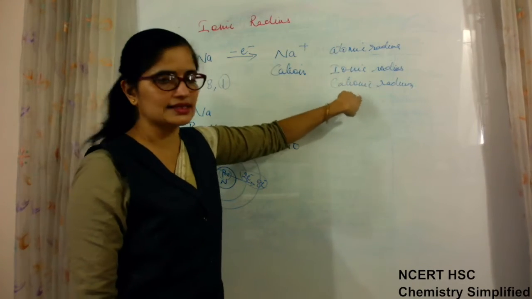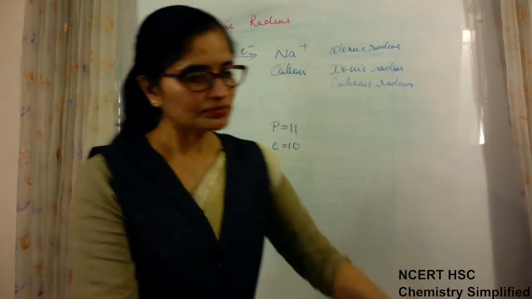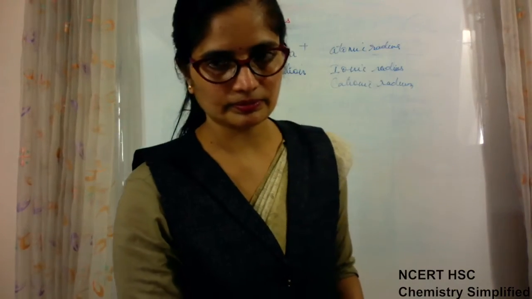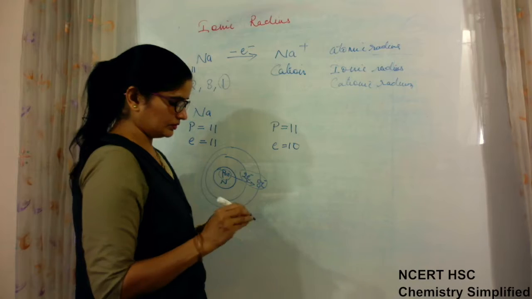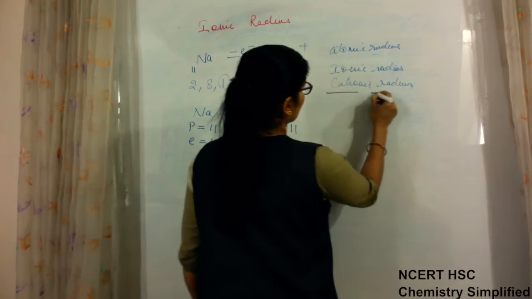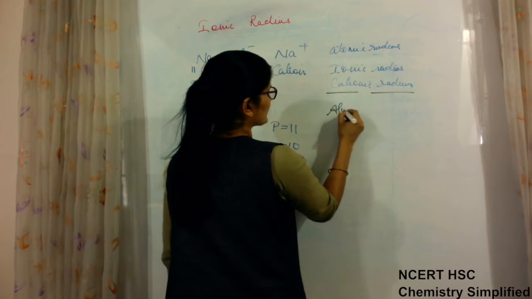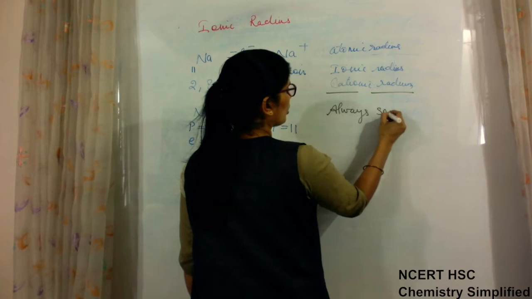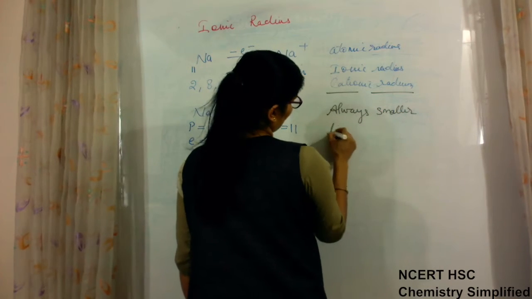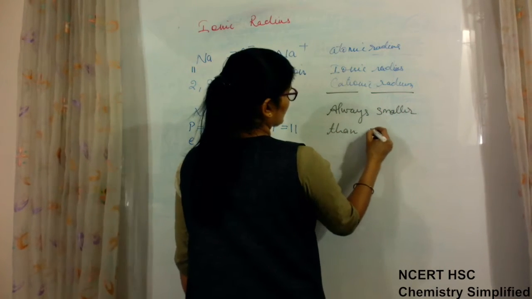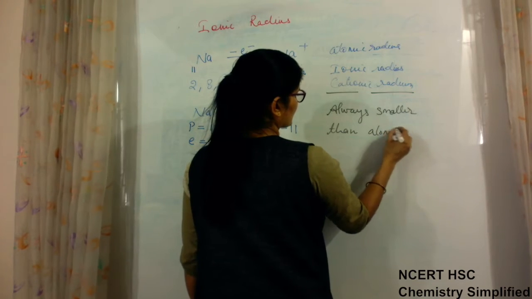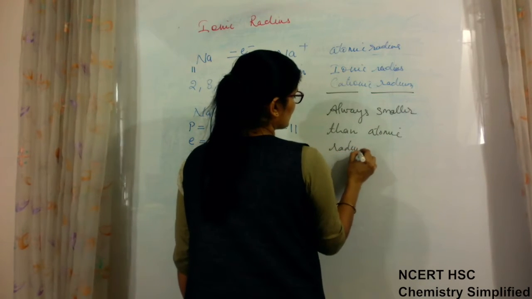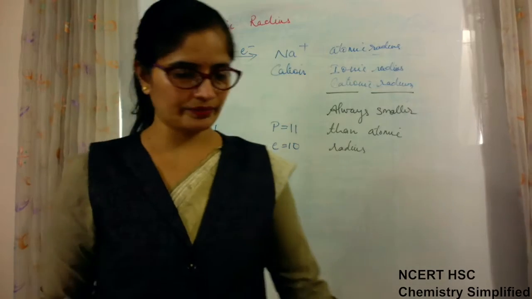Specifically we can call it cationic radius. Now this cationic radius is always smaller than atomic radius. This statement we always have to remember.